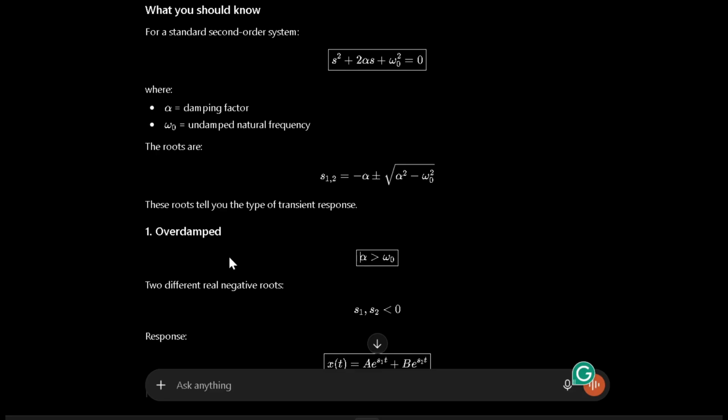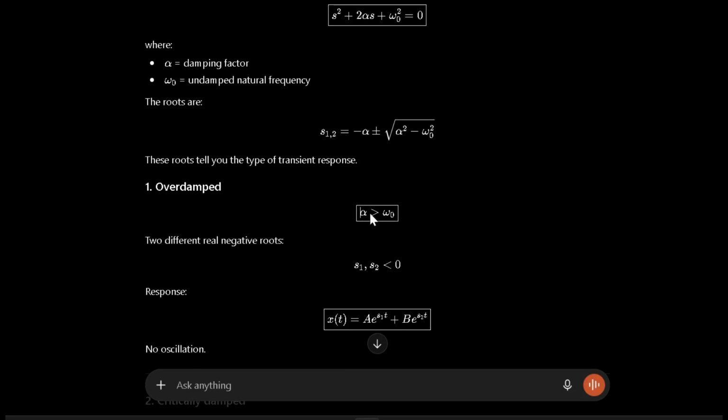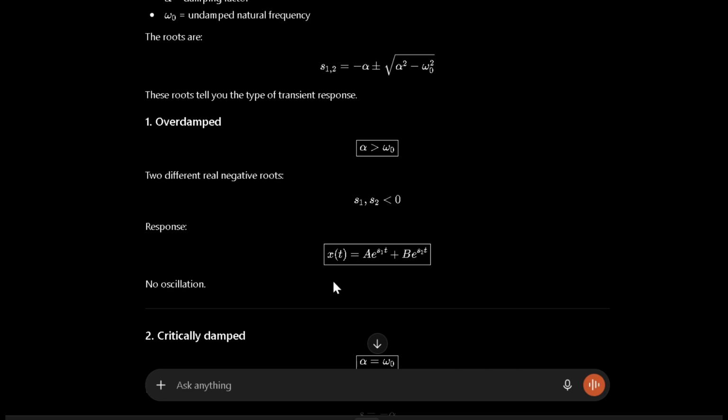The roots tell you the type of transient response. Overdamped: alpha is greater than omega naught, meaning damping factor is greater than undamped natural frequency. Then we get two different real negative roots. Response x of t equals this value.